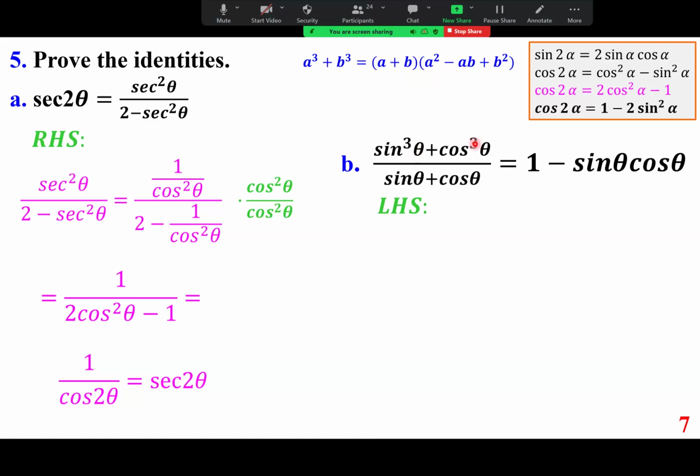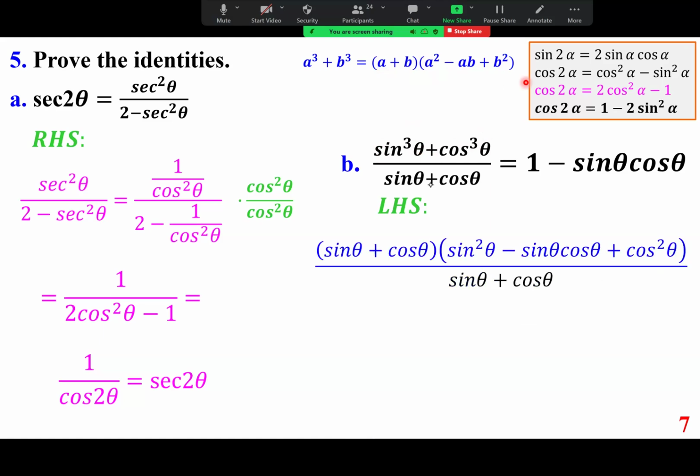Therefore, sine cube plus cosine cube will be A plus B, sine plus cosine. And then A squared, sine squared, minus AB, minus sine cosine, plus B squared, plus cosine squared. And the denominator does not change. So this is following this, everybody. One of those identities we learned in algebra. Sum of cubes, difference of cubes, and so forth.